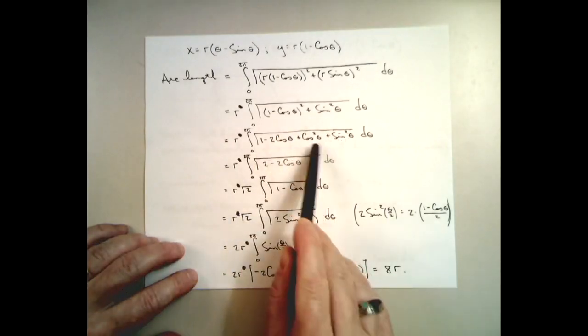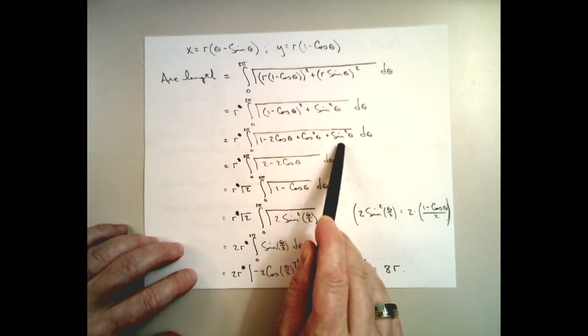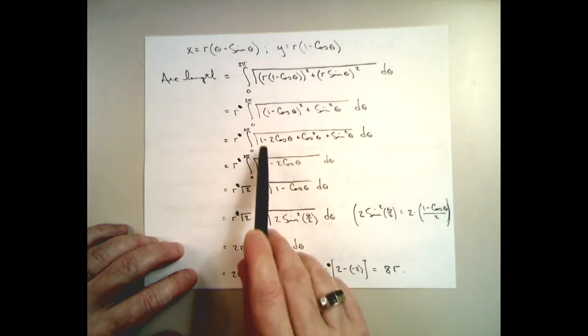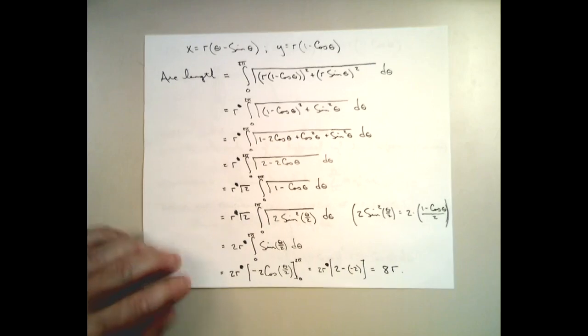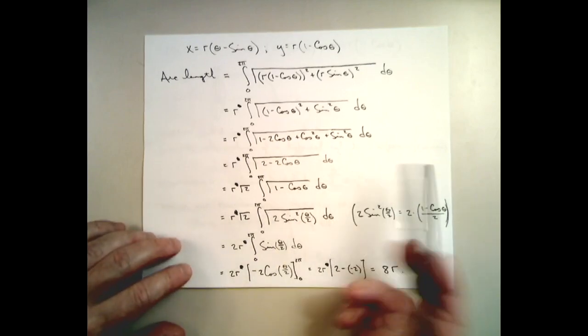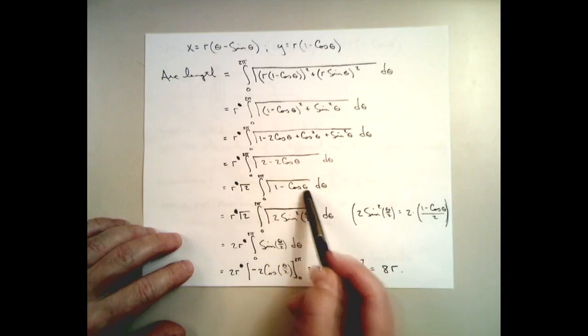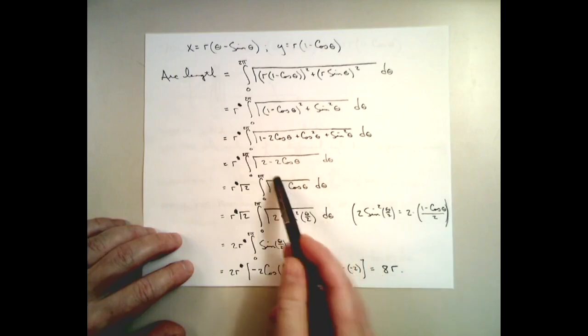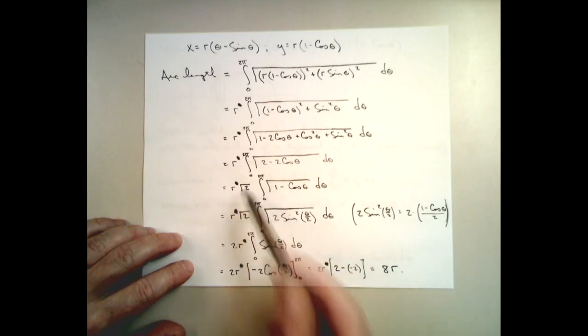And then I recognized that cosine squared theta plus sine squared theta was just 1. And so what I have is 1 plus 1, 2, minus this 2 cosine theta under the square root. And just for convenience, I thought it would look prettier if I had a 1 minus cosine theta sitting there. So I factored my 2 out and then brought it outside the radical sign as a square root of 2.